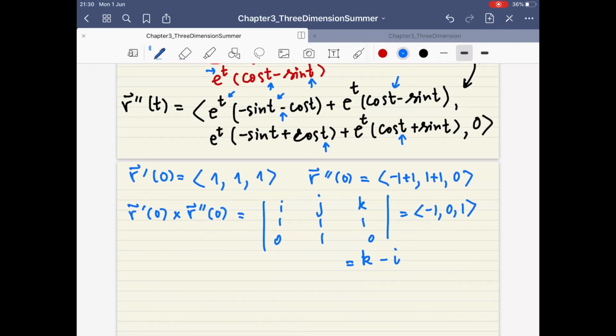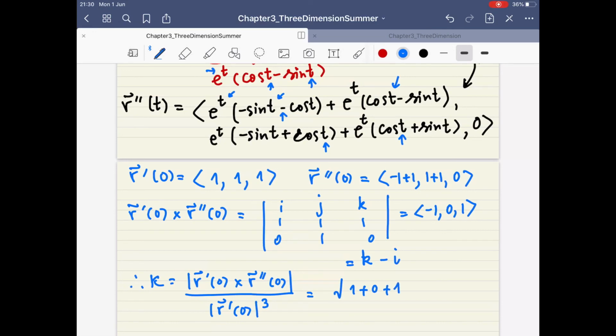Okay, so the curvature is simply your r prime 0 cross your r double prime 0, taking the length, over r prime 0 length raised to the power 3. Okay, it's cube. So here you get a square root of 1 and 1 from here, and then your r prime at 0, you have 1 1 1, and the cube, don't forget.